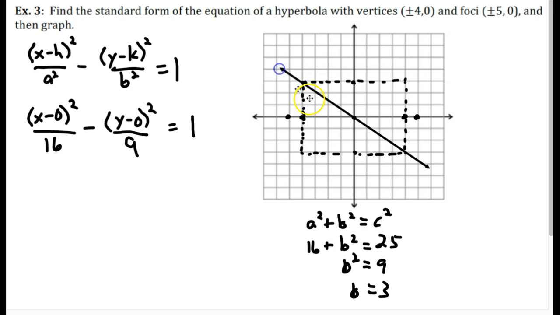Okay, so the diagonals of this box are my asymptotes, and then I can sketch my hyperbola.